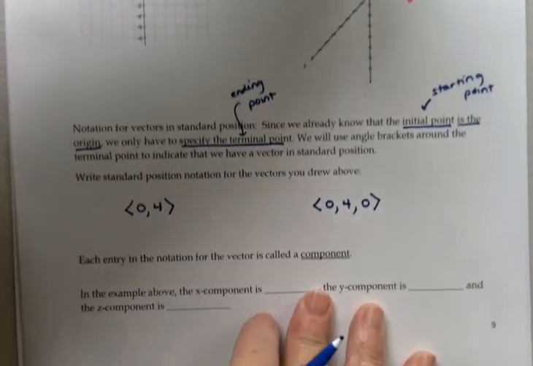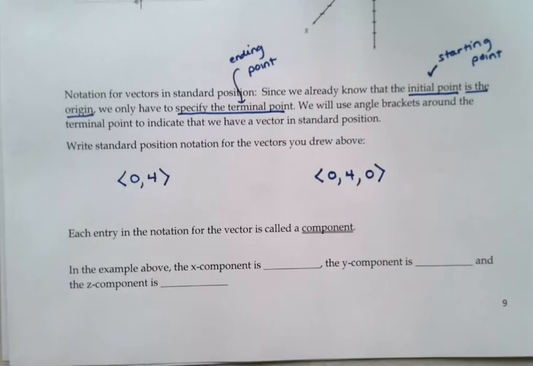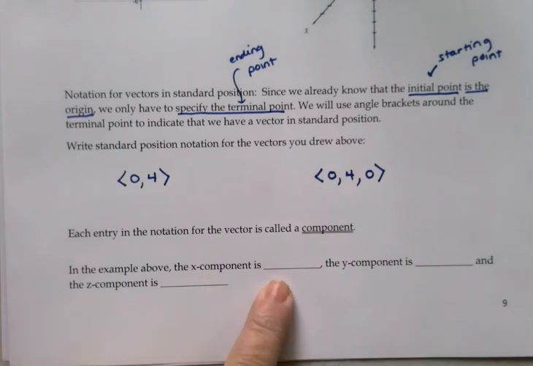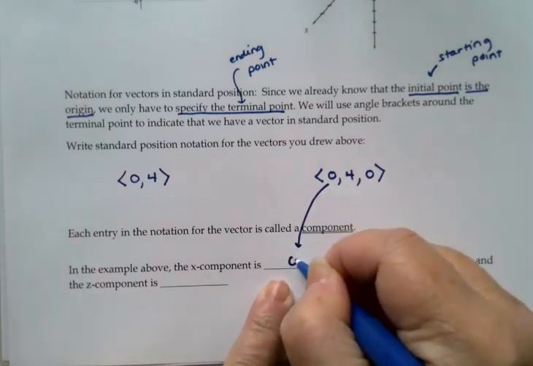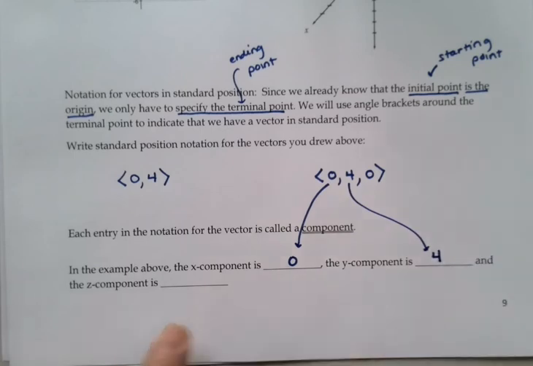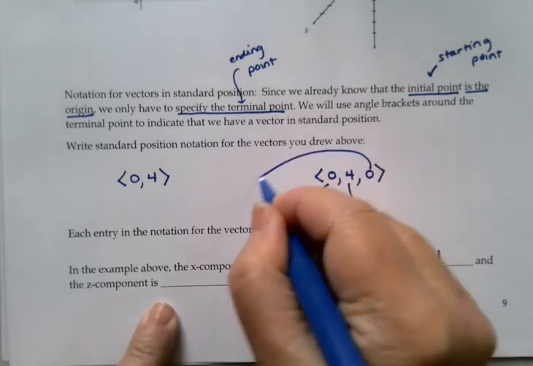A little bit more vocabulary. Each entry in the vector notation is called a component. So if you look at this 3-dimensional one, the x component is that 0, the y component is the 4, and the z component is this last 0.